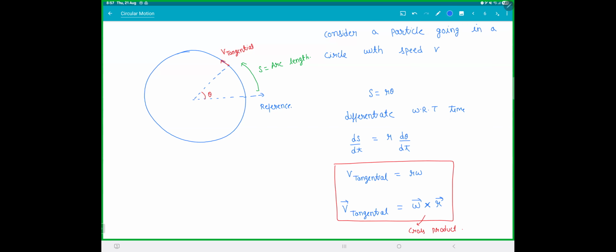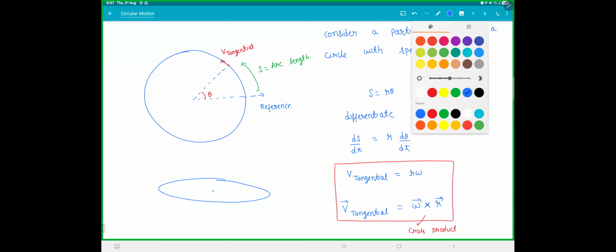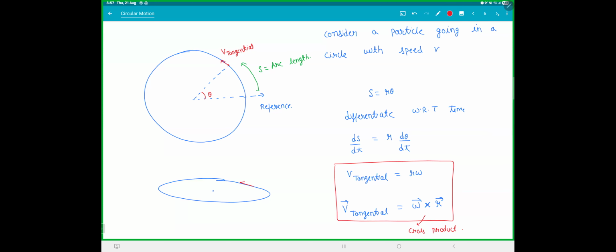So remember that v is not the total speed, it is only the tangential speed. If you actually look at the side view, the particle is going with velocity v this way, v tangential. This is your r bar. This is your omega bar. So omega cross r bar will give you the v bar.